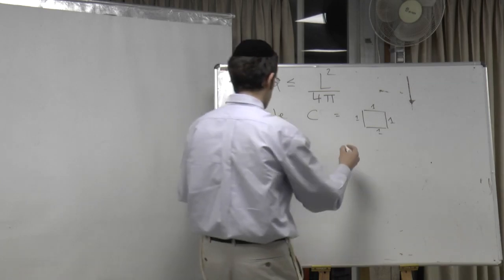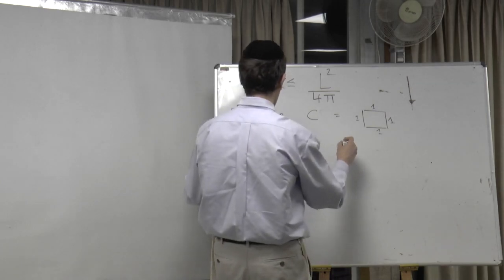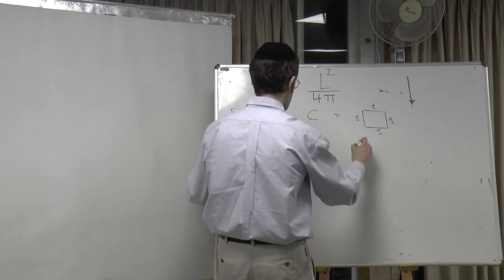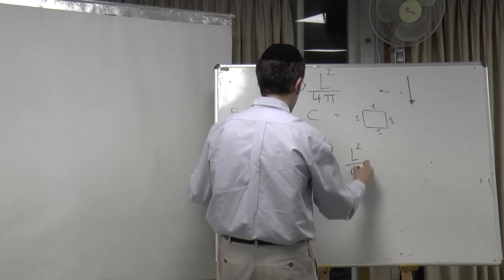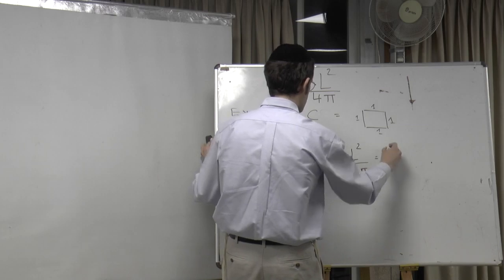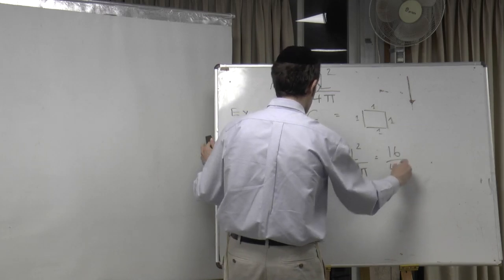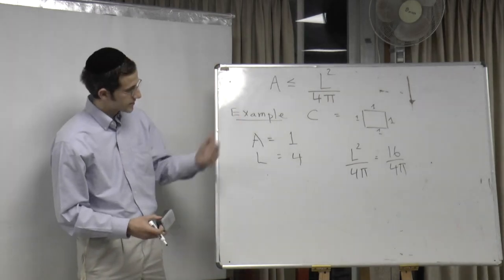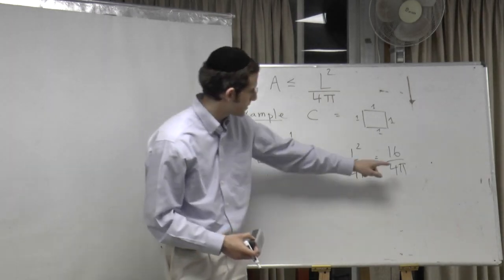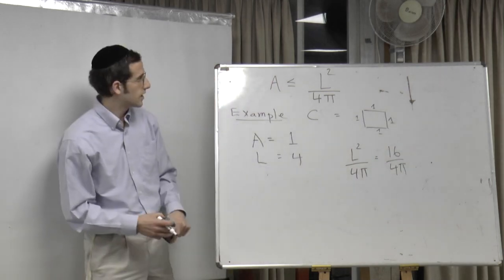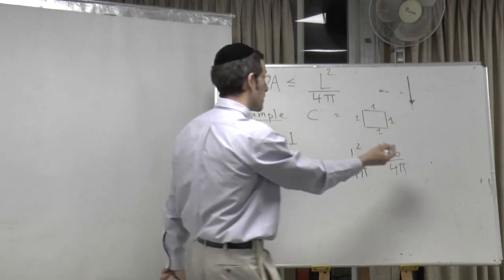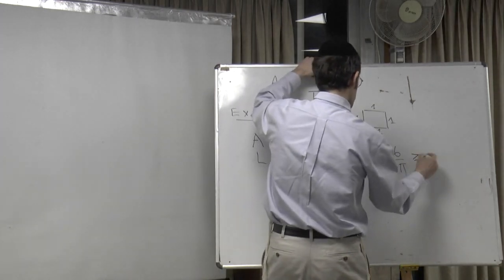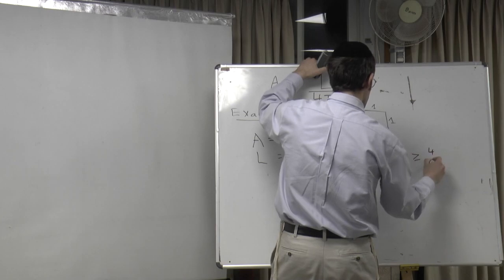So A is 1, and L squared divided by 4 pi is 16 over 4 pi, which is 4 over pi. Pi is a little bit more than 3 and a bit less than 4, so 4 over pi is greater than 1, because 16 is a little bit less than 4 pi.